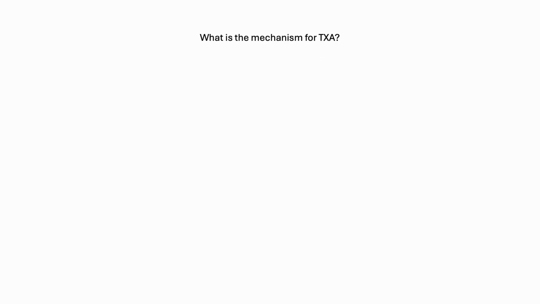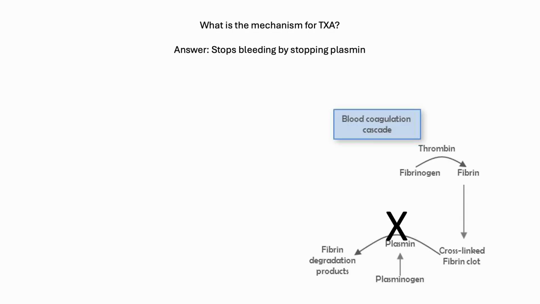How does TXA work? What is the mechanism for TXA? So TXA works at the end of the coagulation cascade. After you meet up with your common pathway, there's factor 10, and then fibrinogen gets converted into fibrin by thrombin, and fibrin is essentially your clot.